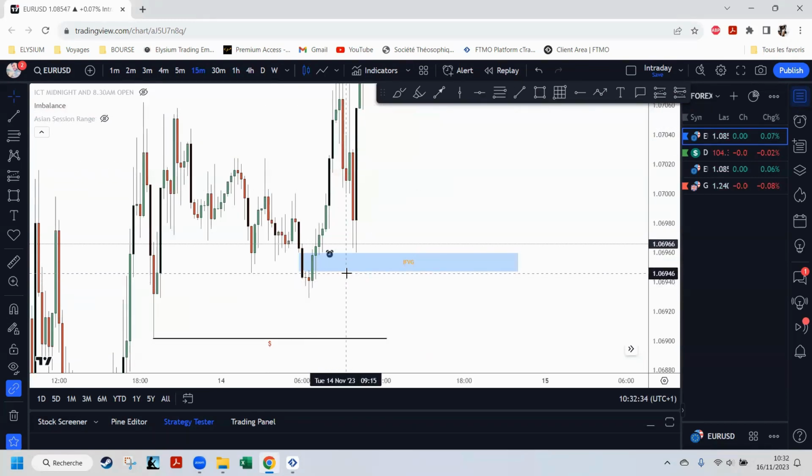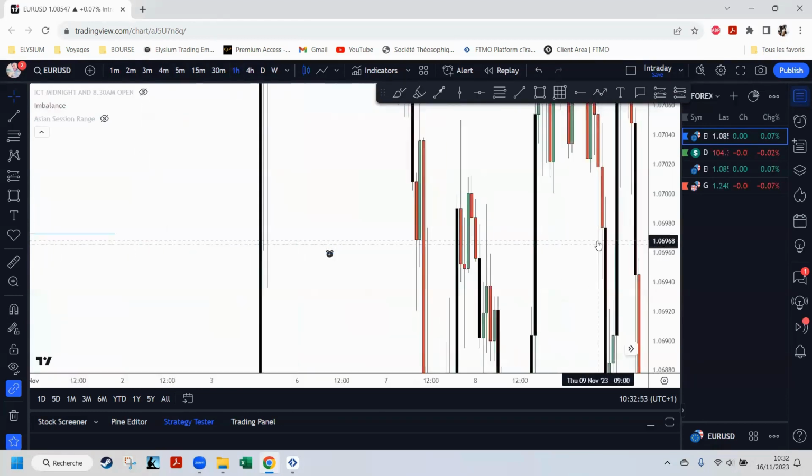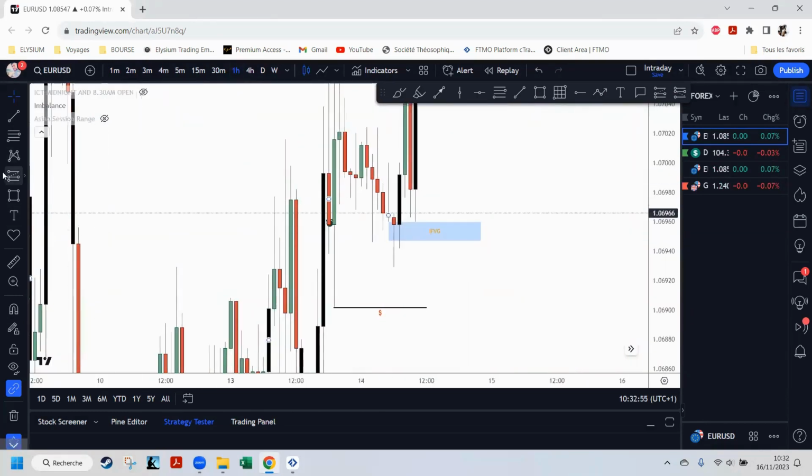And so what's good is inverted fair value gaps work very well with other areas. For example, you have this inverted fair value gap on the 15-minute, and as we saw on the 1 hour, you also have a fair value gap, this one or an order block, doesn't matter, okay? And so they work well together.